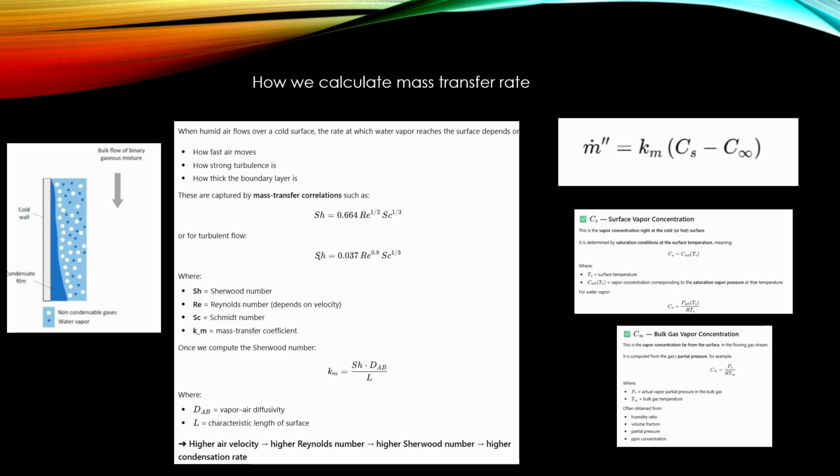Here this Sh is the so-called Sherwood number, and the mass transfer coefficient can be calculated as a function of this Sherwood number and the so-called vapor-air diffusivity. And the mass transfer rate is this mass transfer coefficient times the concentration difference between surface and bulk gas.